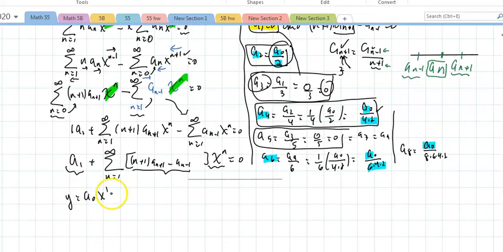a sub 0 plus a sub 1 x to the 1 plus a sub 2 x to the 2 plus a sub 3 x to the third plus a sub 4 x to the 4, a sub 5 x to the 5. We went to 8. Let's go to 8.